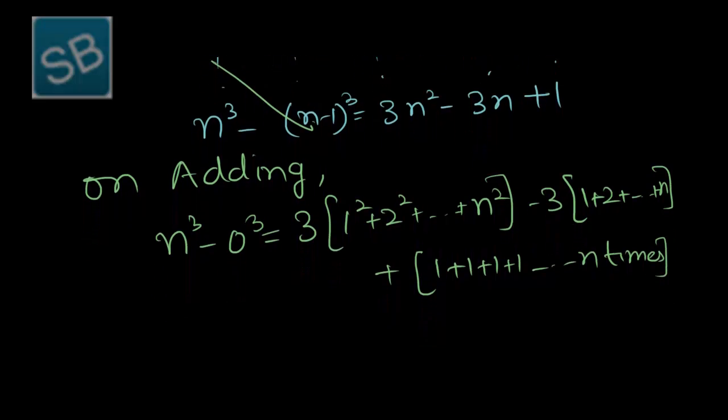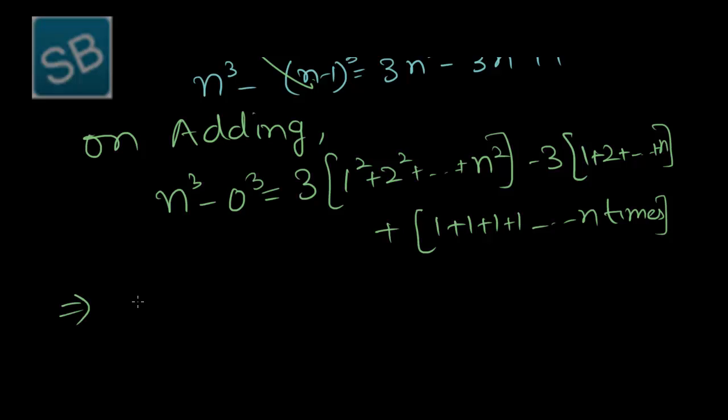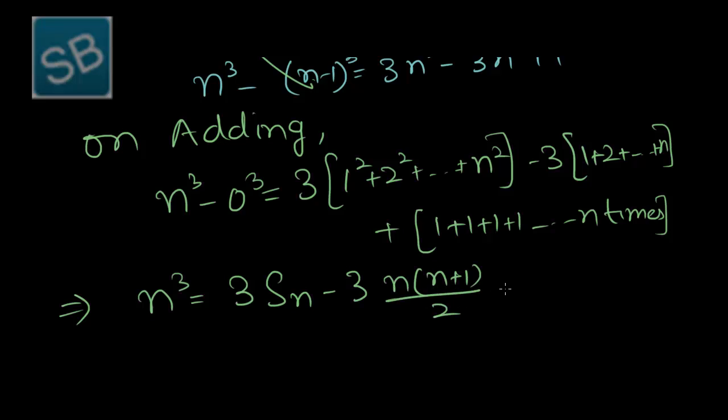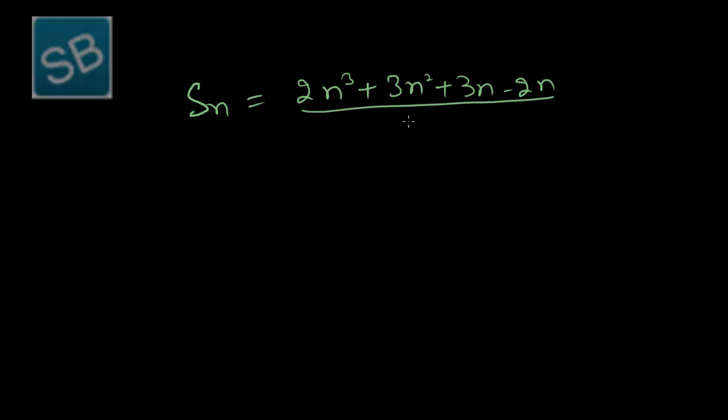So we get n cube is equal to 3 into Sn minus 3 into sum of n terms of AP series, which is n into n plus 1 over 2, minus n. So by taking the LCM, we will get Sn is equal to 2n cube plus 3n square plus 3n minus 2n over 6.